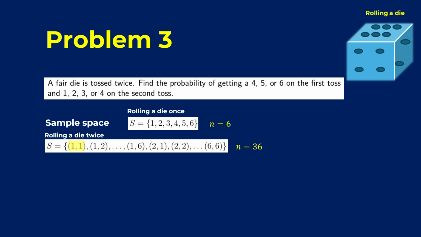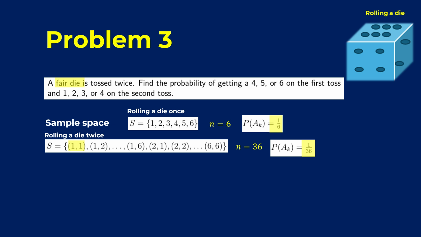Since we already know the die is fair, the probability of each simple event occurring in the case when a die is rolled once is 1 by 6, whereas the probability for the case when a die is rolled twice is 1 by 36.